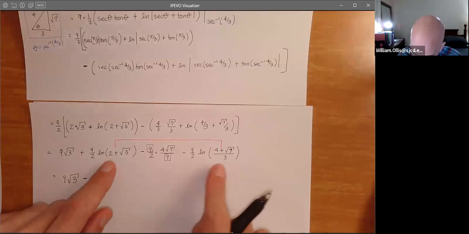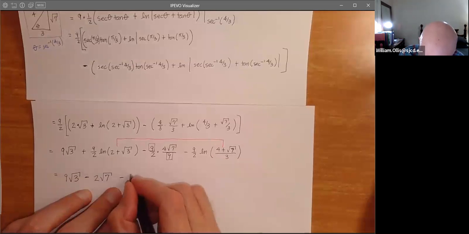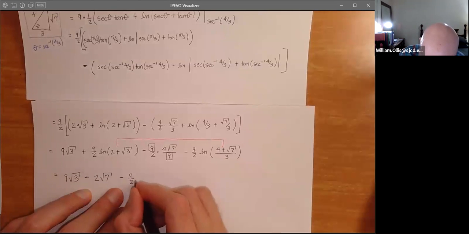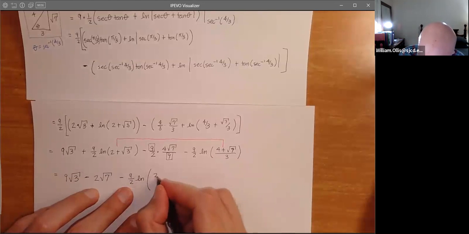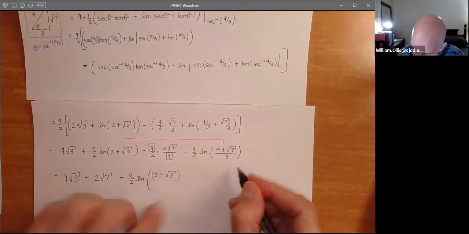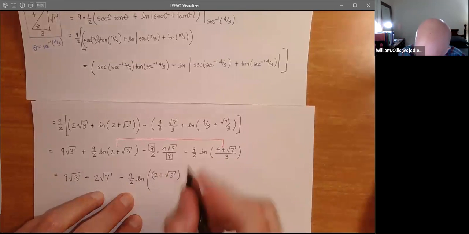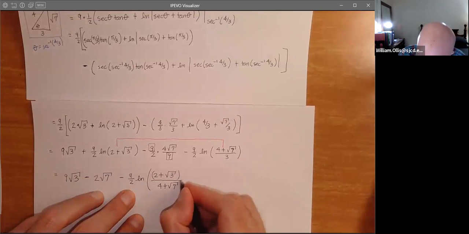And so here we can just do the quotient because we have the minus. So we have minus 9 over 2 natural log. So we have 2 plus root 3. And then, of course, when we divide by this, the 3 will come upstairs. So this will be 4 plus root 7 divided by 3.